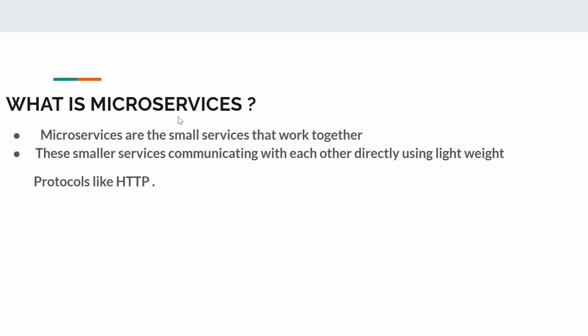So this is microservices. Definition: microservices are small services that work together. These services communicate with each other directly using lightweight protocols like HTTP.